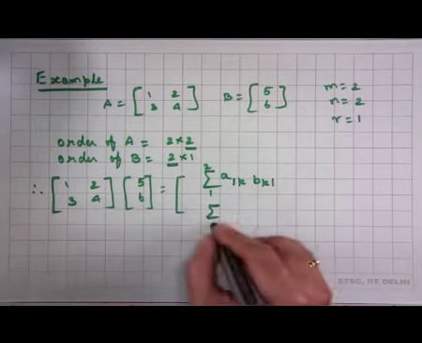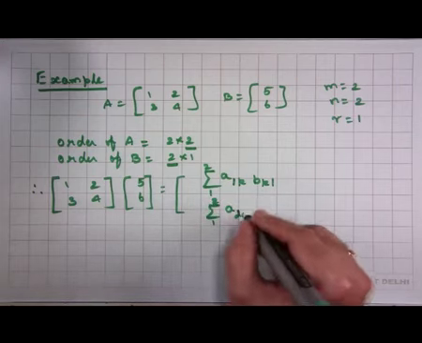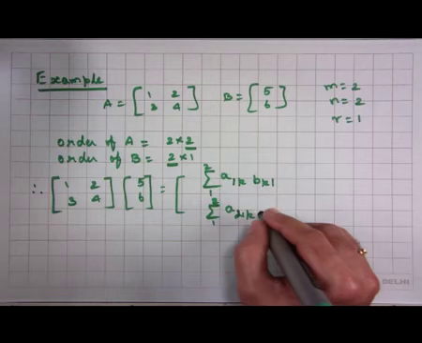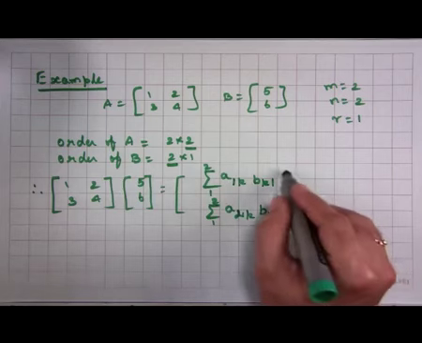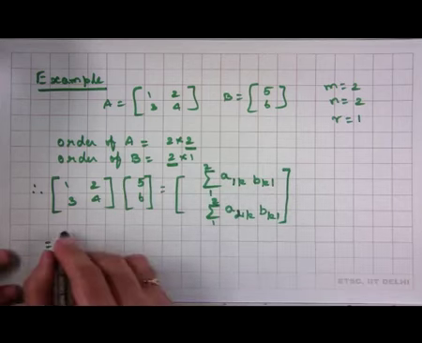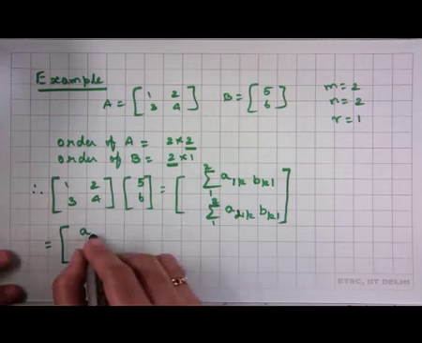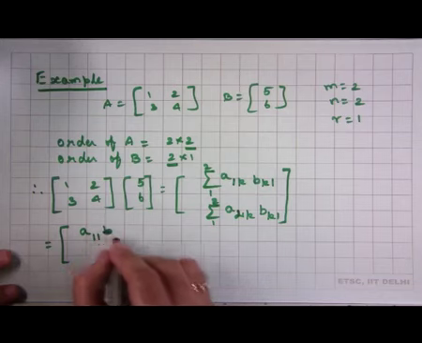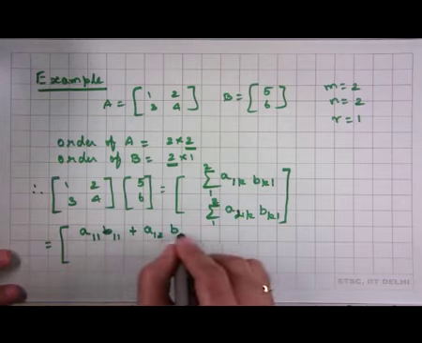So, summation 1 to 2 A2k Bk1, because I have only one column for B, so only this much is there, fine. Let us try to expand things. This is going to give me A11 B11 plus A12 B21.